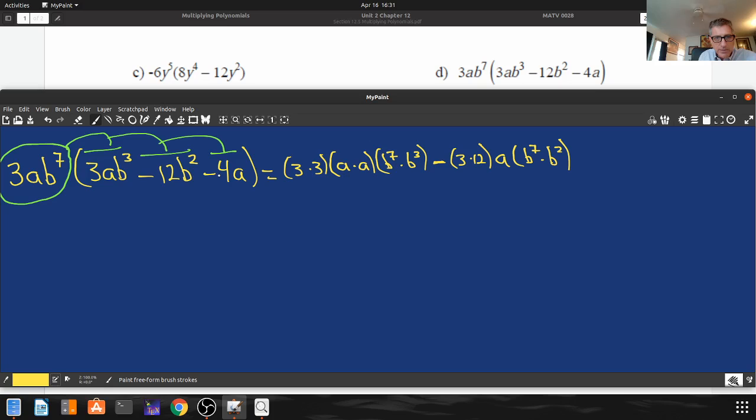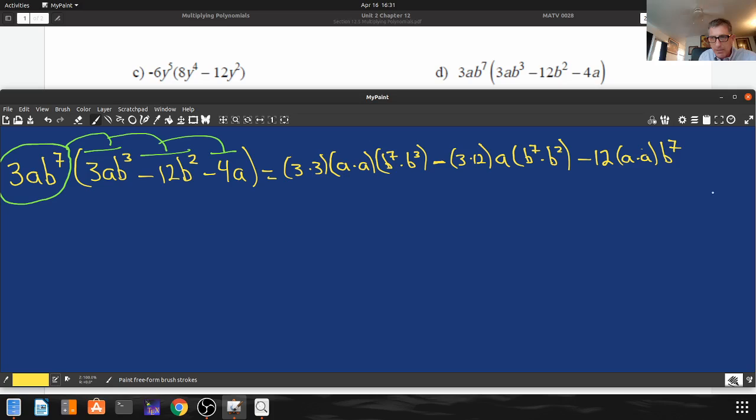So 3 times minus 4, if you want, you can do that in your head and just write that down as minus 12. And the a terms, that's a times a. And there's a b to the 7th term, but no b term at the end.